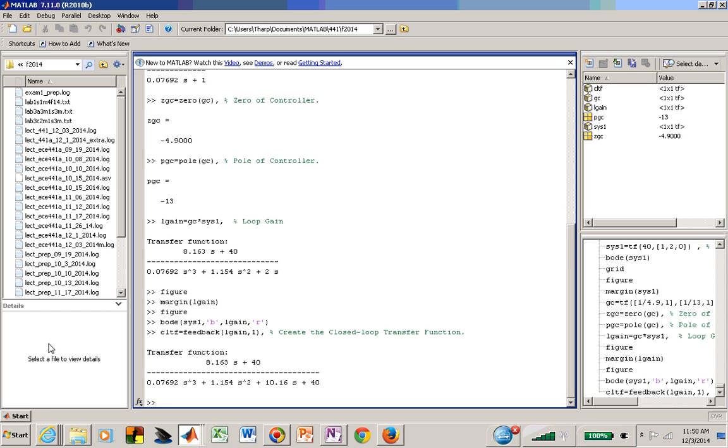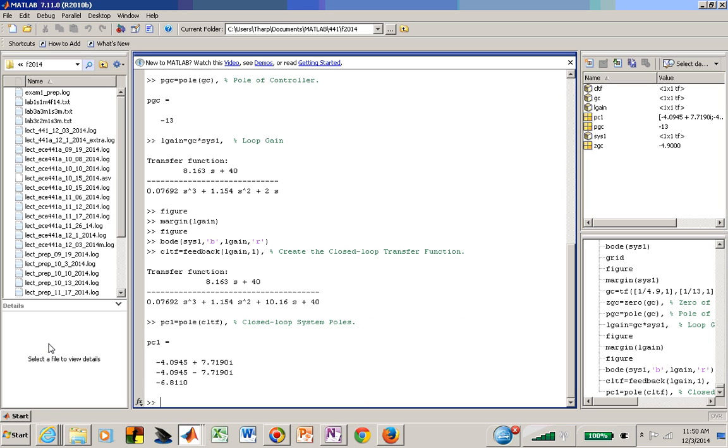And with respect to that, we could say where are the poles. Those are now at some imaginary parts, -4 plus and minus j7.7. That's going to give you a zeta value that's less than 0.7, and we do have a third pole at -6.8.